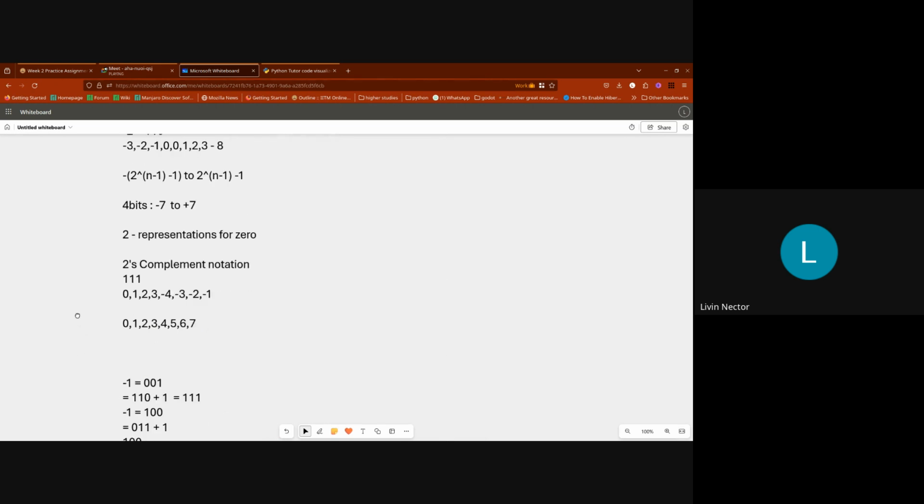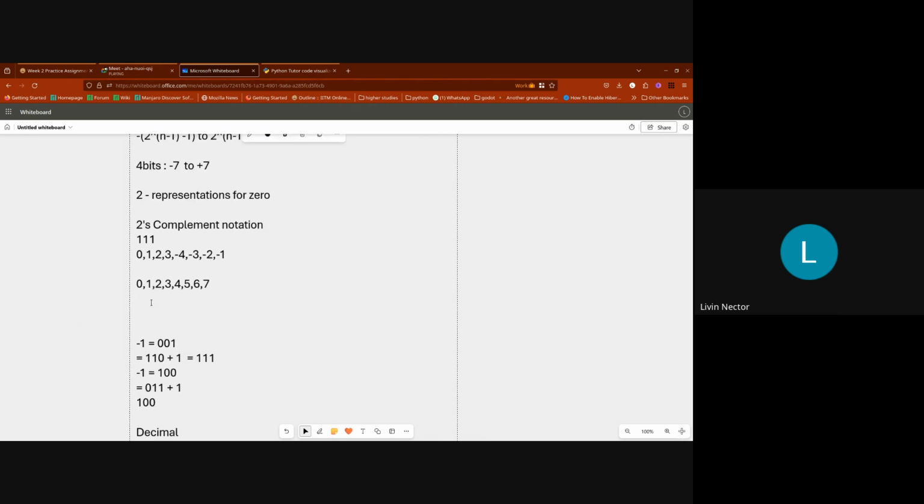I'll write these 8 numbers in binary format, the normal binary conversion, and then also the 2's complement. So first number is 0, 0, 0, which is 0, and here also it is 0, right? And 0, 0, 1, here also it's 1. 0, 1, 0, which is 2, here also 2. 0, 1, 1, which is 3, and here also it's 3. This part is same, right?